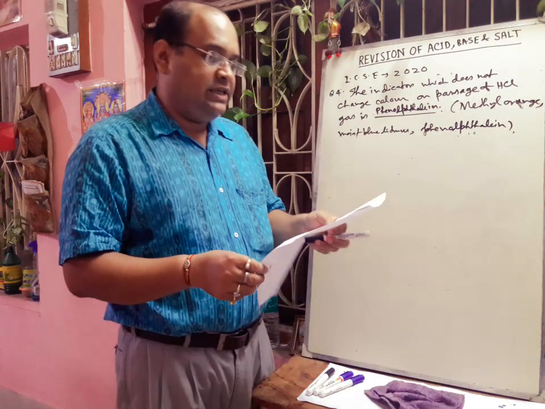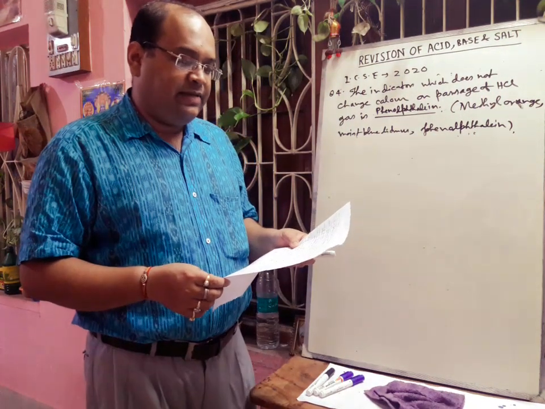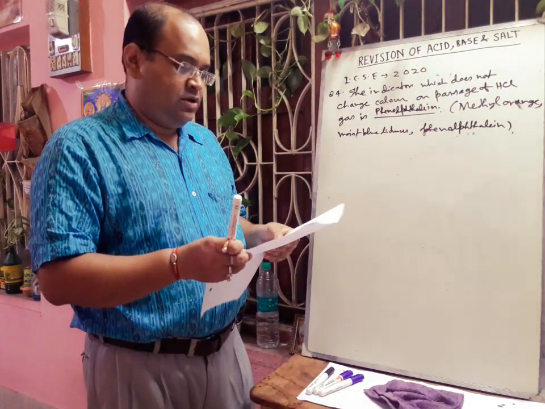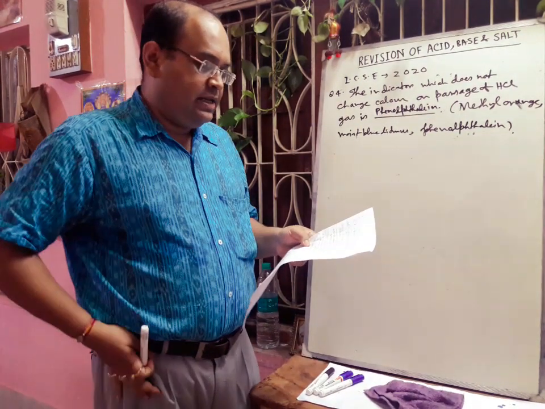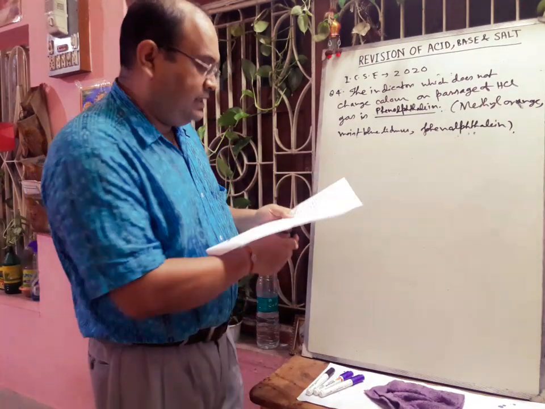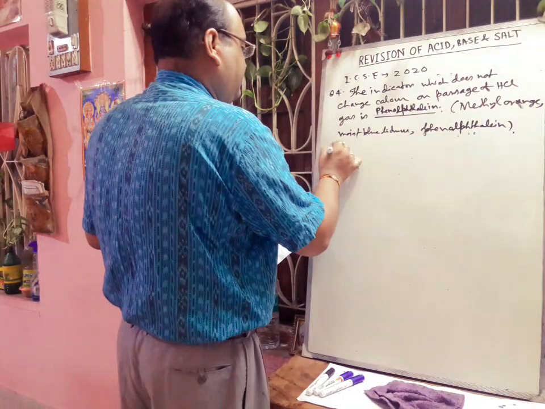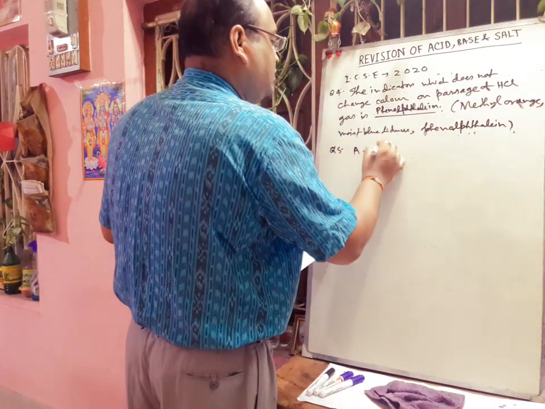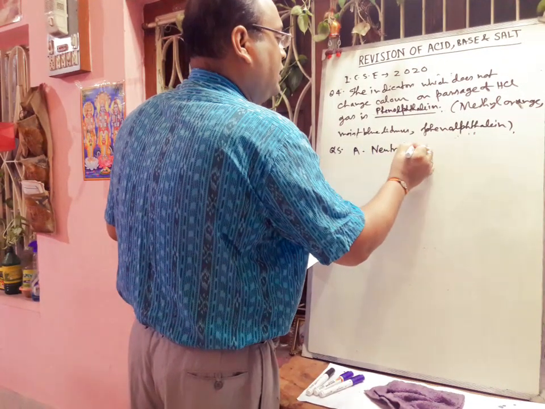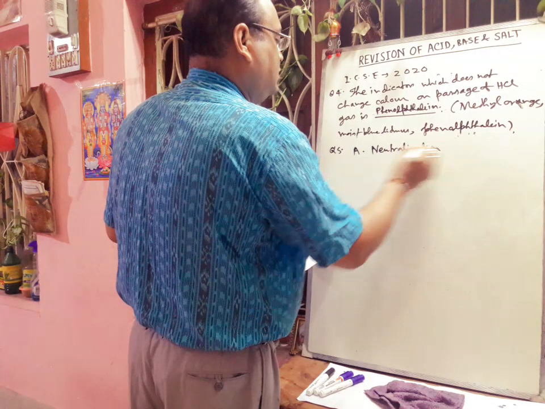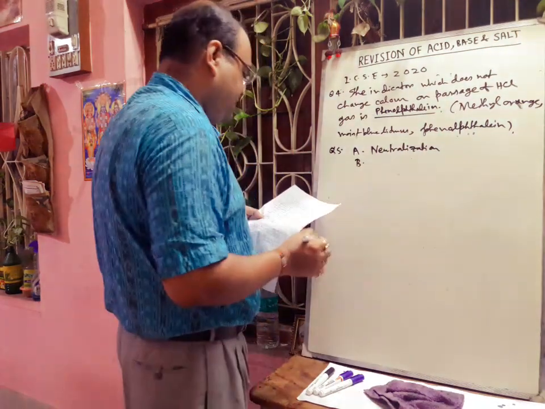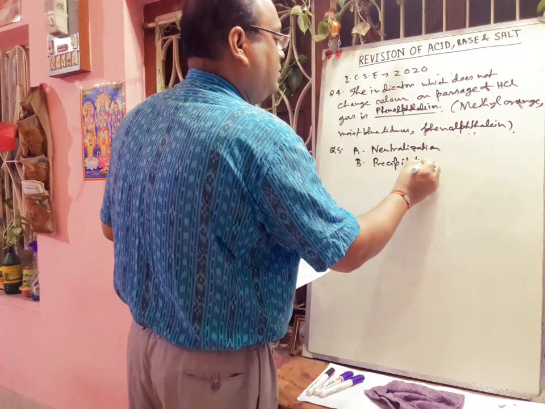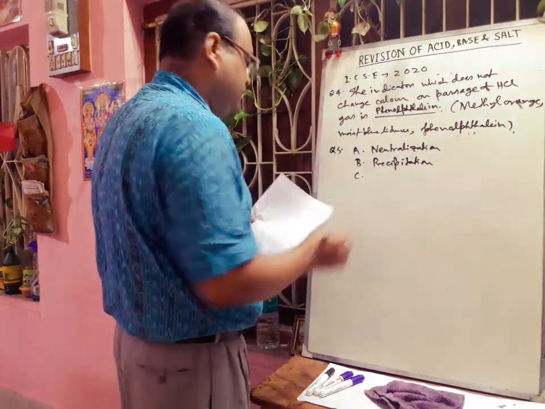And next question: write a balanced chemical equation for the preparation of the given salt, and the methods are given, question number 5. A, neutralization; option B is precipitation; option C is titration.